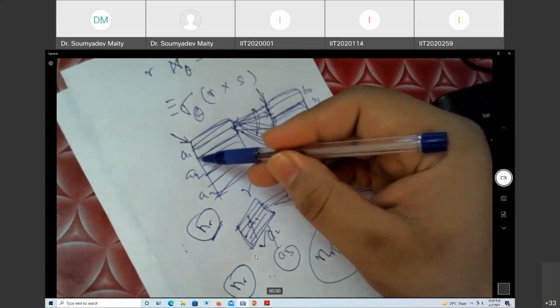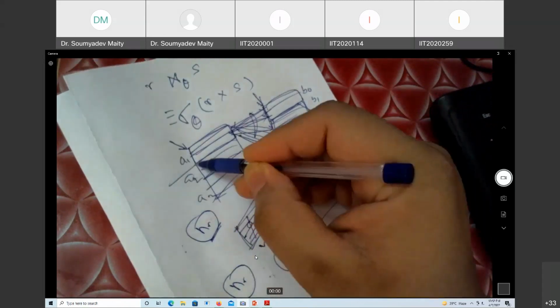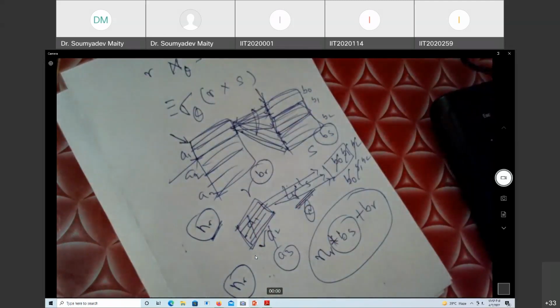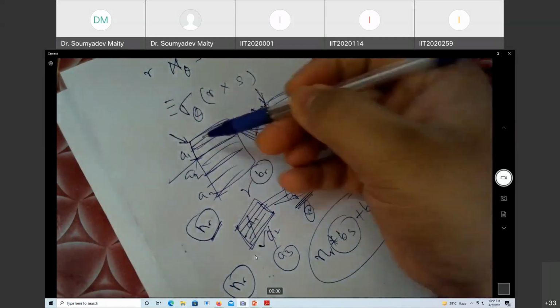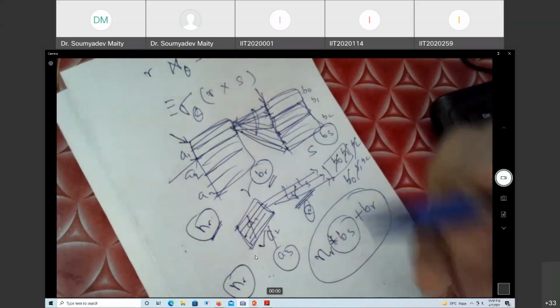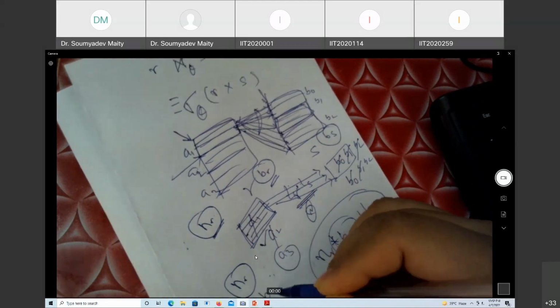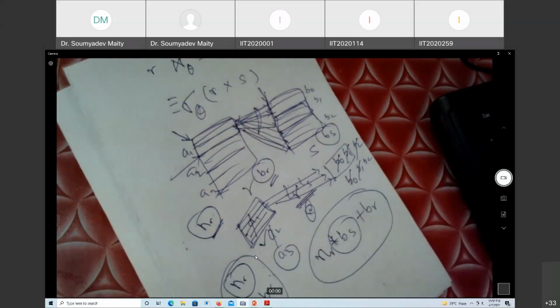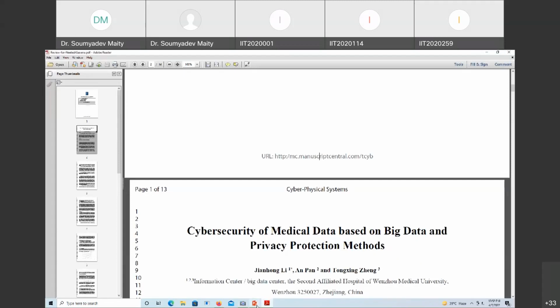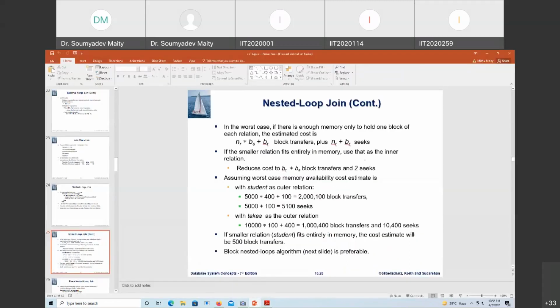So when you want to read the second block, again you have to place the head at the beginning of the second block. So in this way, how many seeks will be required? That depends on the total number of blocks available in this relation, that is BR. So NR plus BR, these many seeks will be required. So we end at this point today's discussion.